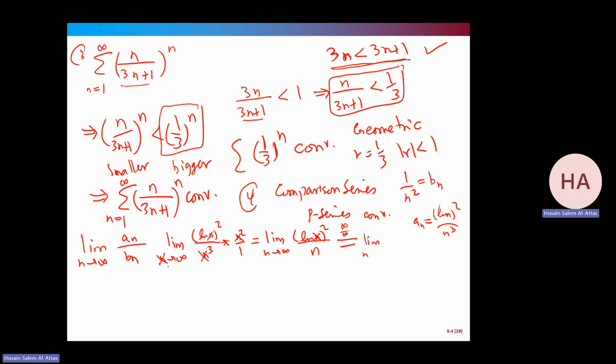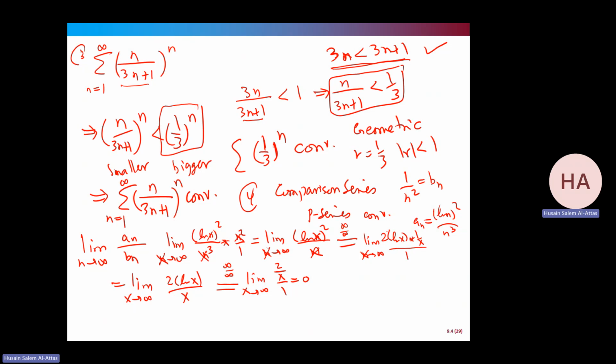I'm doing limit x goes to infinity. So I have limit 2 ln x times 1 over x over 1, and that will be limit x goes to infinity of 2 ln x over x. It's still infinity over infinity. I'll do L'Hopital's rule again. So limit x goes to infinity of 2 over x over 1, which is 0.